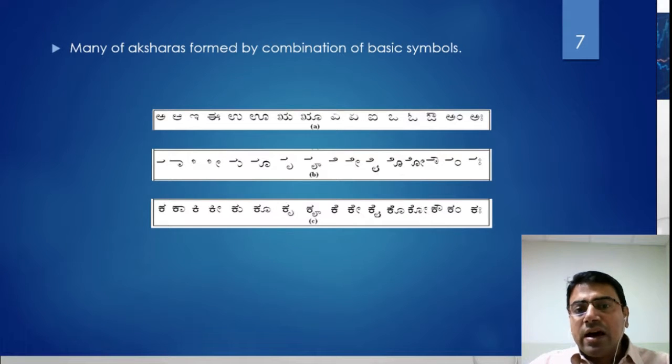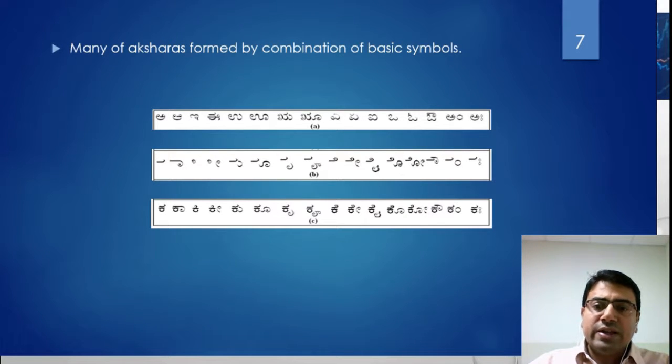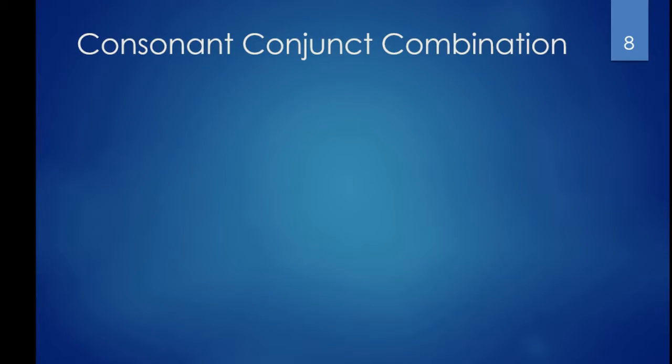Thus, a large set of aksharas is created by the combination of basic symbols along with the basic consonant and other forms. How the consonant conjuncts are combined with consonants to create more compound characters is explained below.